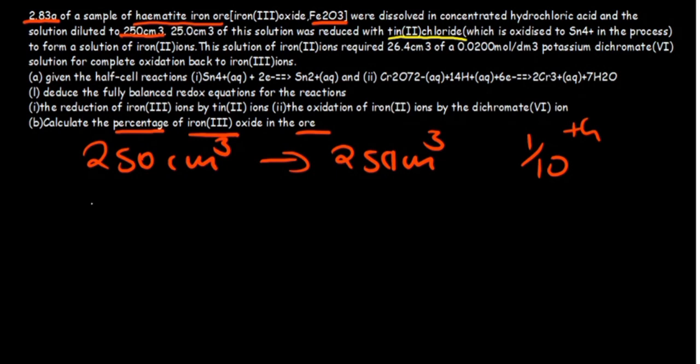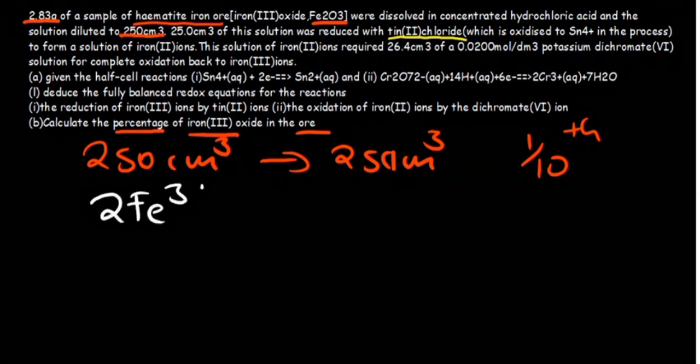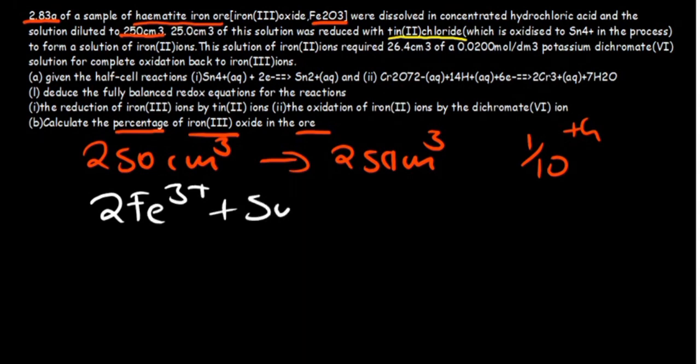So this was our first half reaction. I'm not going to show the states, I'm just interested in the balancing. So we have 2 of that. This is what happened to the 25 cubic centimeters that we took. It had to be reduced with tin 2 chloride, which I've shown there, to give us that. So this was the first half reaction.